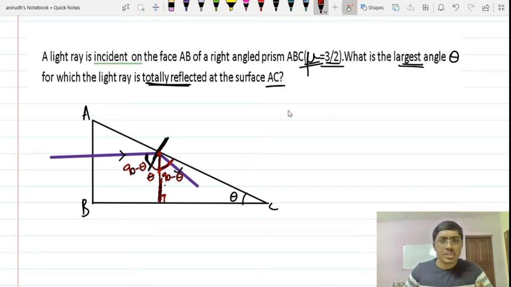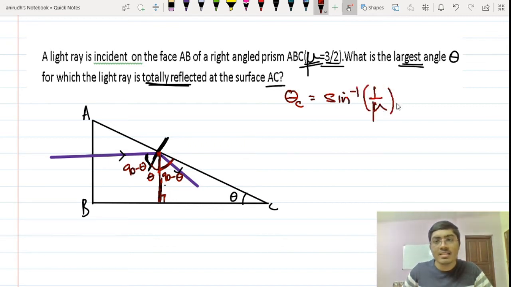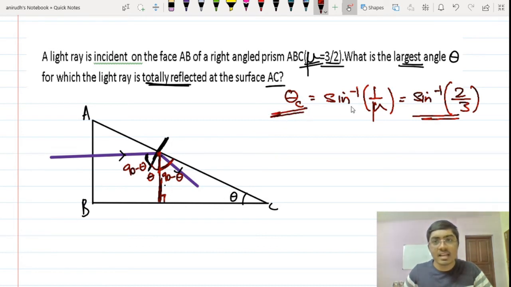So what is theta c here? Theta c is equal to sine inverse of 1 by mu, which is sine inverse of 2 by 3 here. This is the critical angle for this surface. Critical angle has a standard equation, sine inverse of 1 by mu, and I am just applying this value. So that is sine inverse of 2 by 3.